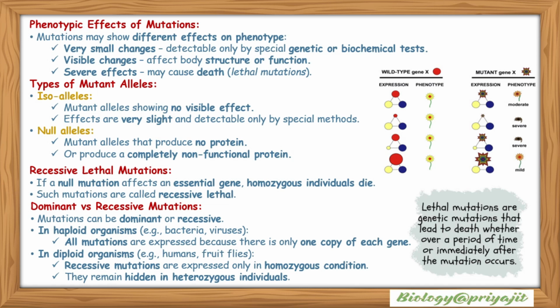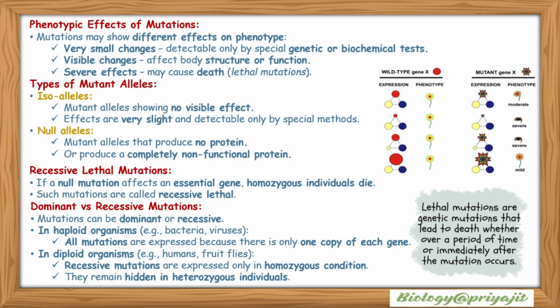What are null alleles? Mutant alleles that produce no protein or produce a completely non-functional protein are called null alleles. Recessive lethal mutations: if a null mutation affects an essential gene, homozygous individuals die, and such mutations are called recessive lethal mutations. Dominant versus recessive mutation: mutations can be either dominant or recessive.